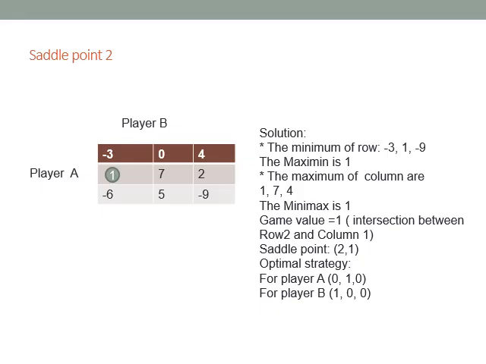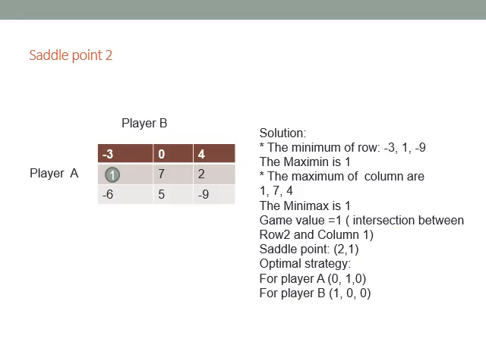For row 1, the minimum value is -3, because -3 is less than 0 and less than 4. For row 2, the minimum value is 1, because 1 is less than 7 and less than 2.